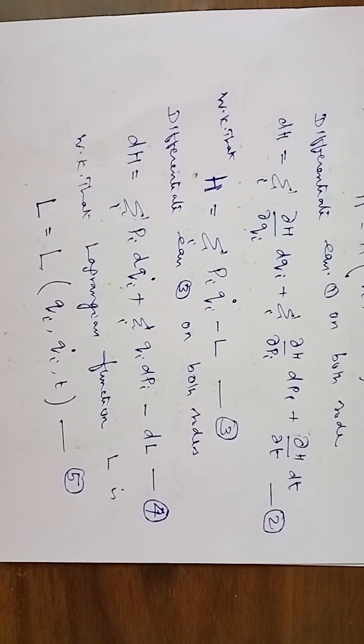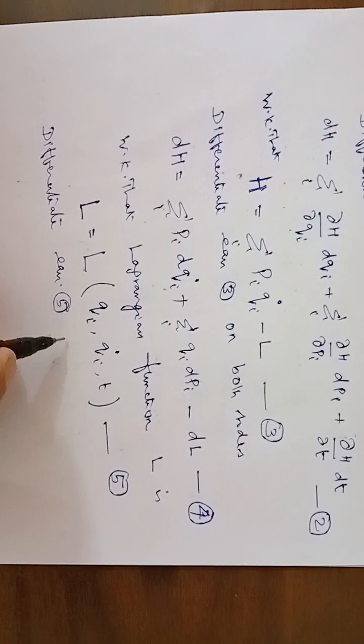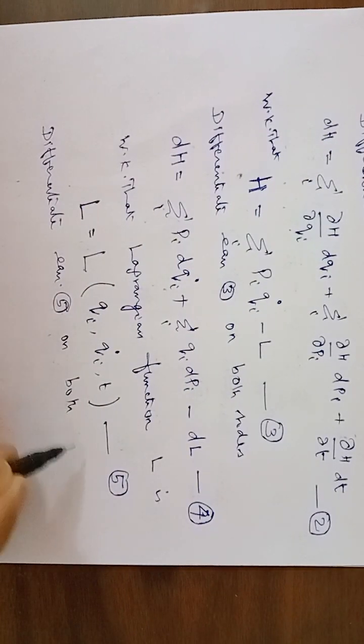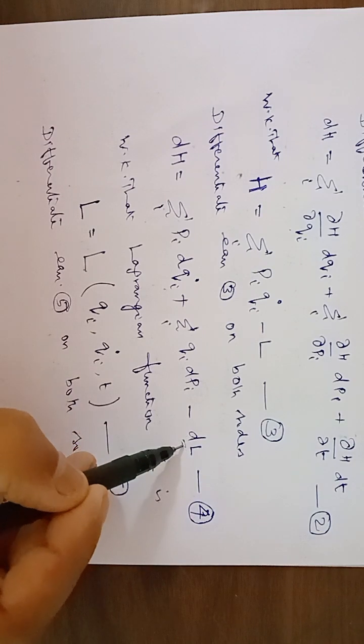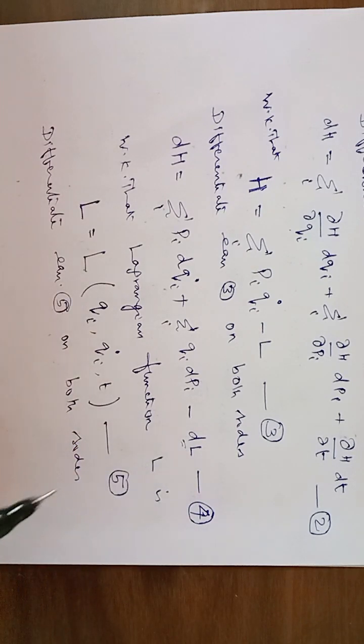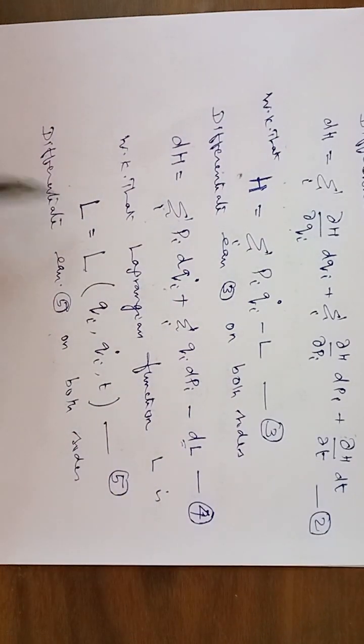Now differentiate equation 5 on both sides. Why am I differentiating? I am going to calculate the value of dL and substitute it in equation 4. That's why I am using this Lagrangian function L here. L is equal to L of qi, qi dot, t.